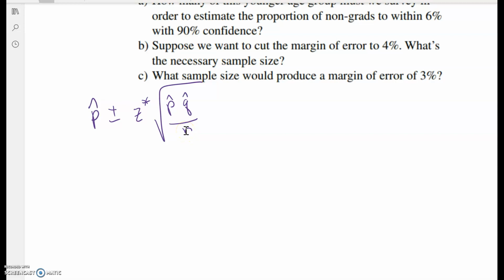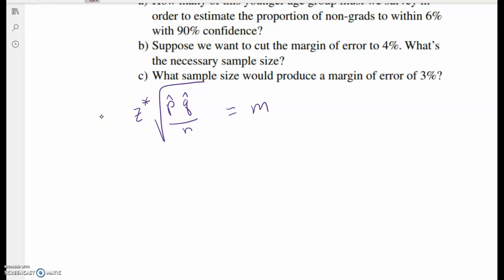On this basic formula, we're just looking at this part. The critical z times the standard error, that's your margin of error. So you don't need p hat for these, so we can erase it here. We just look at the margin of error, and we call this equal to m.